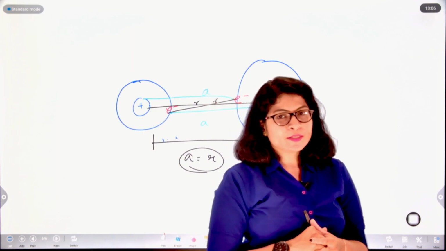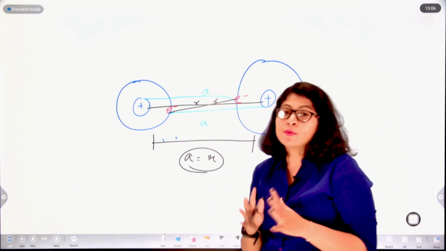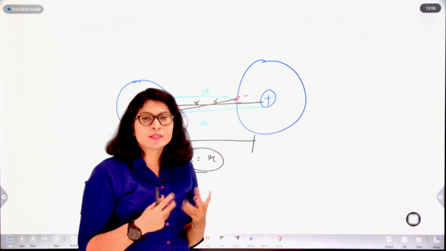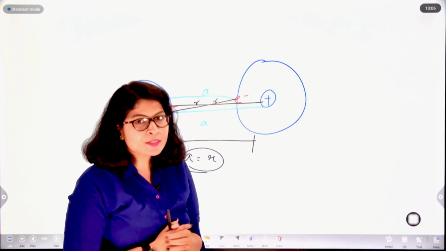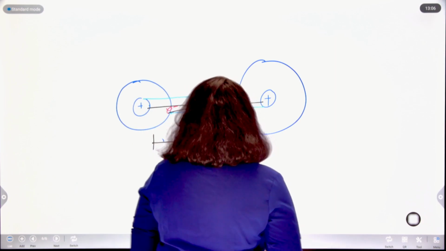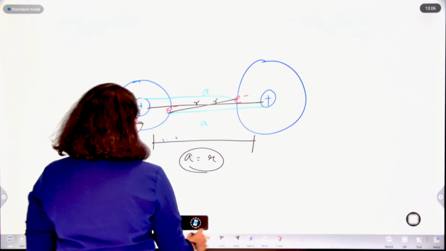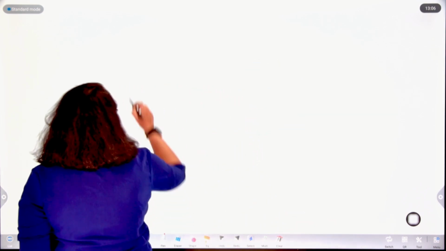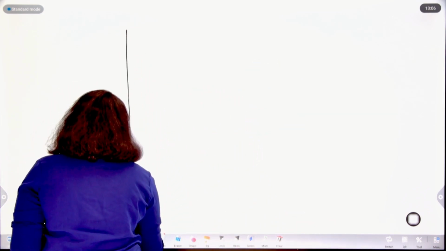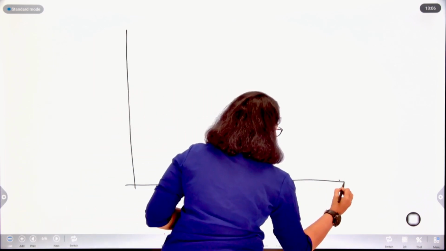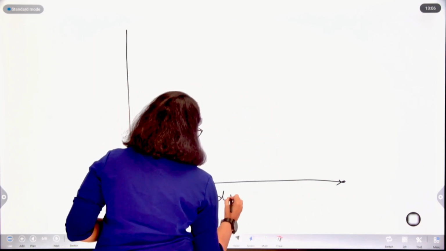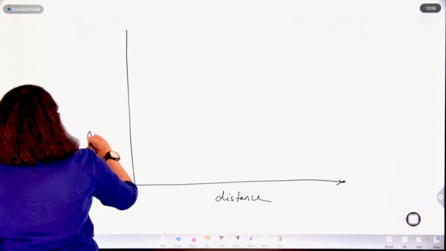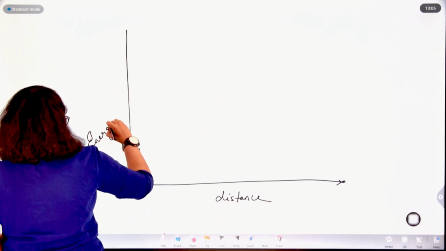If we try to understand this graphically, when an atom forms a bond, it becomes stable, therefore its energy is lower, right? So if I try to represent it graphically, suppose this is the distance, this is the energy.